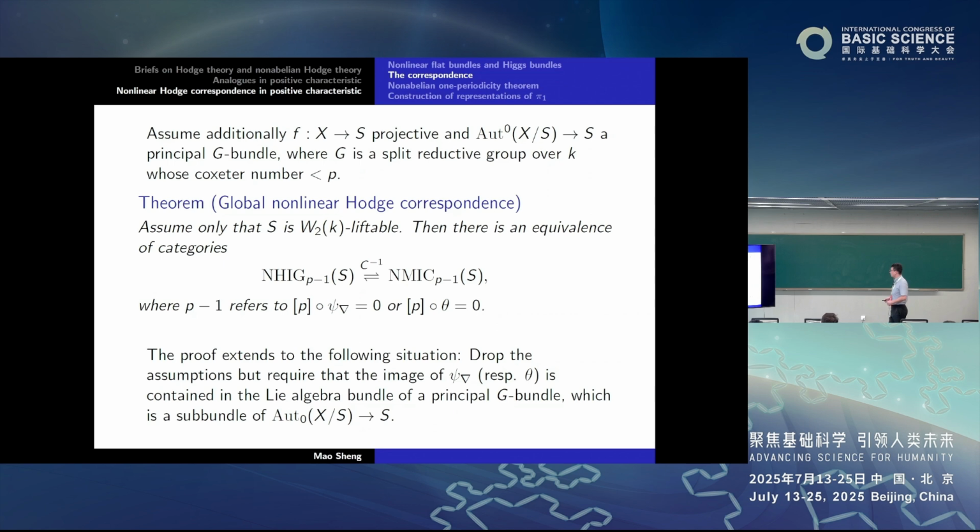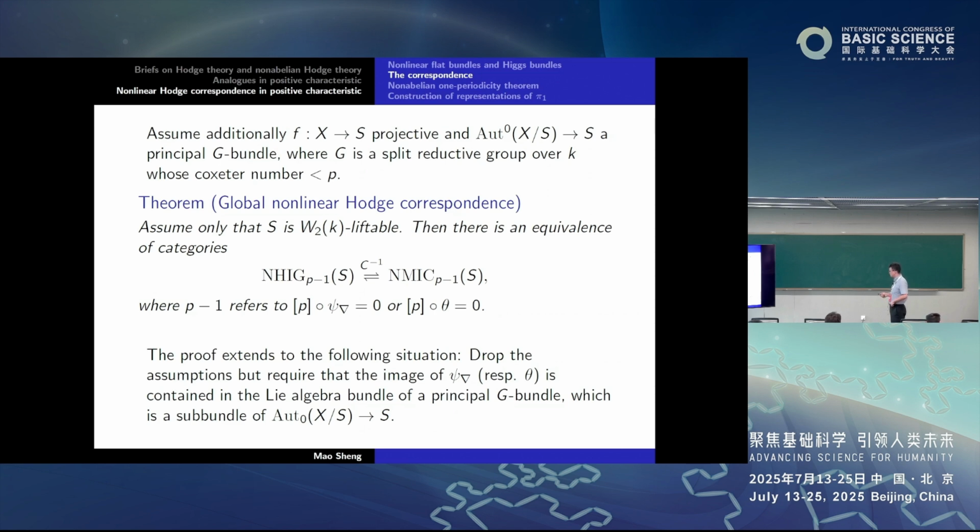Now, the last step is to glue this local correspondence together by making an assumption. First of all, we consider X over S, which is projective.